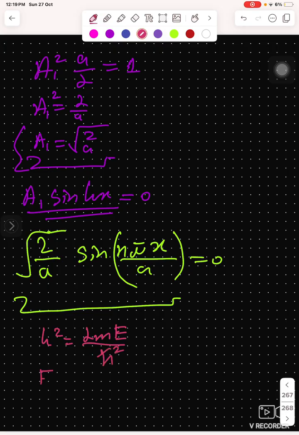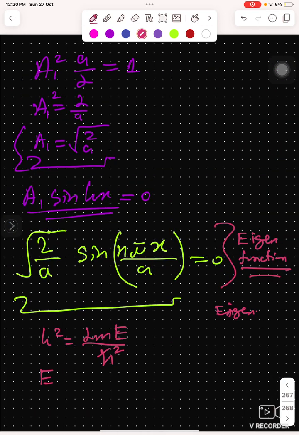So make E the subject. Now we are finding this is the eigenfunction, and this is the eigenenergy. Okay, so which will be 2m k square over h bar square.